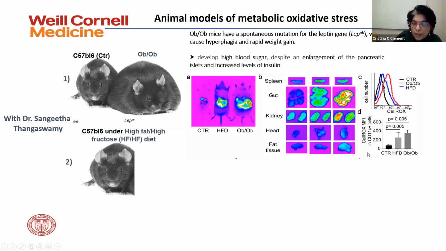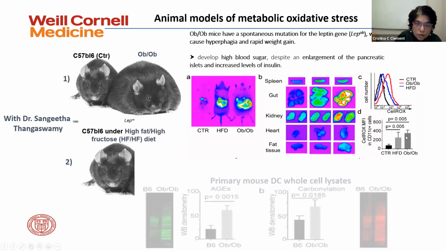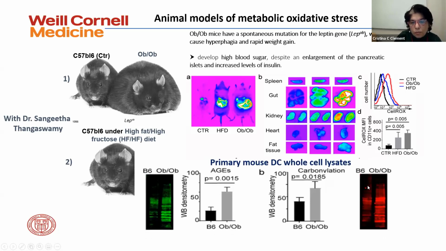We proved also that the CD11c dendritic cells, which are the main cells we are focusing on, show increased inflammatory conditions. In addition, we used primary mouse dendritic cells from the splenocytes of these mouse models, and we proved that advanced glycation end products and carbonylation were enhanced in the proteomes of these cells.